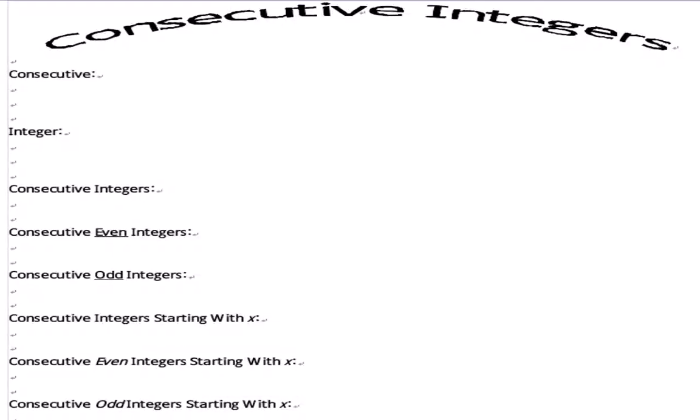Today we're going to talk about another type of quadratic word problem that involves consecutive integers. If you've done these types of problems before, then consecutive means right after one another. So consecutive numbers are numbers right after each other.